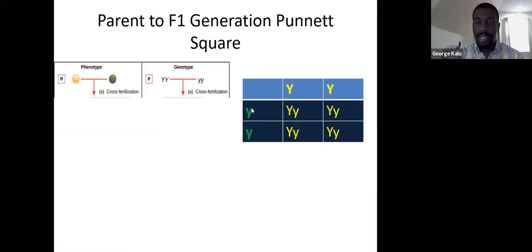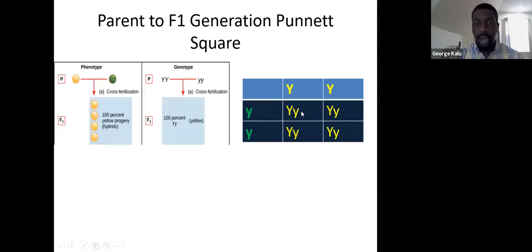And so we came up with this Punnett square here, where we have the homozygous dominant parent on one side, the homozygous recessive parent on the other side, and we performed the Punnett square.